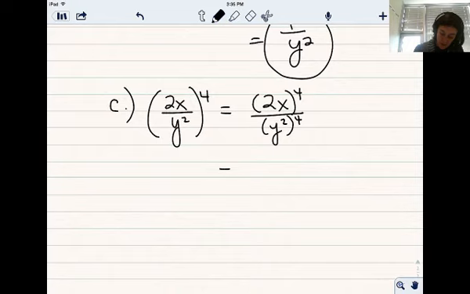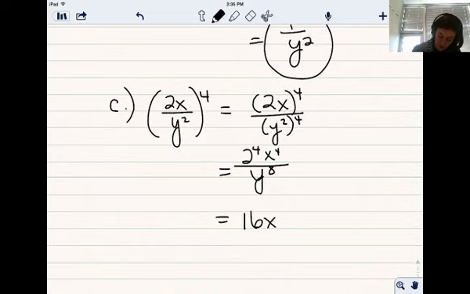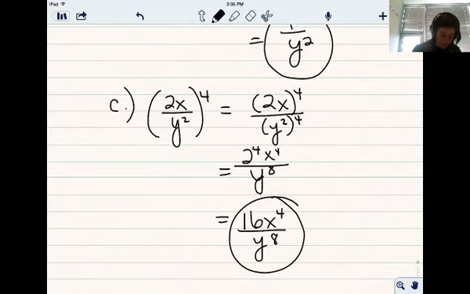If I move on from there, I've got 2 to the 4th power times x to the 4th power in the numerator, and y to the 8th power, because that's the power of a power property that we looked at earlier. And then I could just simplify that. 2 to the 4th power is 16, x to the 4th over y to the 8th.